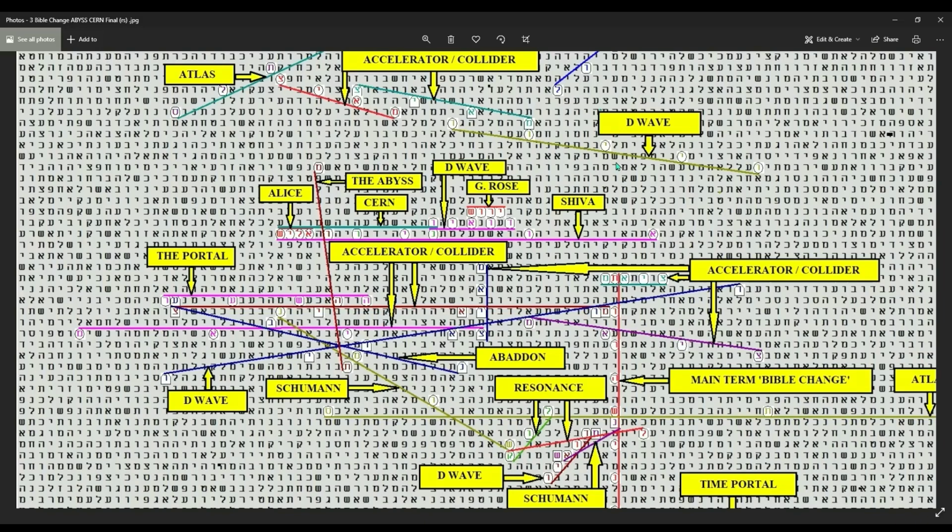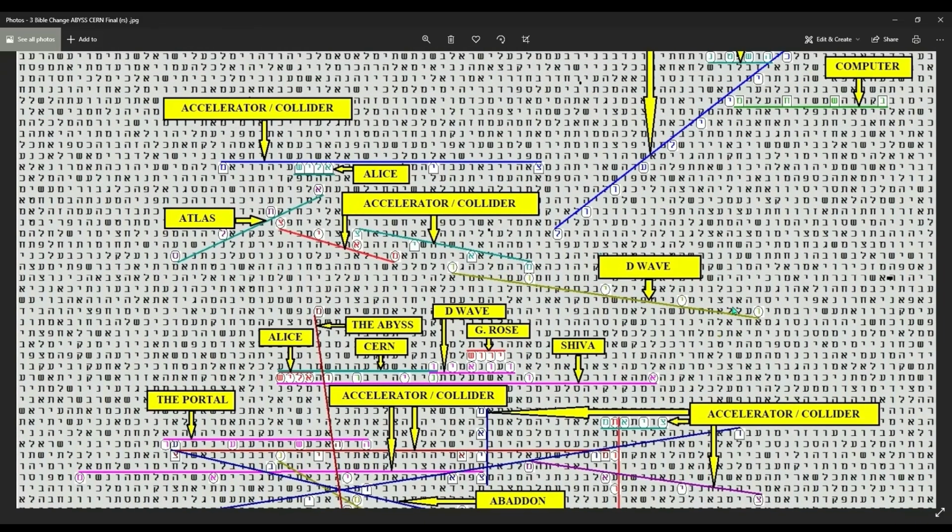We have a little bit further up, D-Wave again, accelerator collider, and then the name of Atlas right at the top of the collider there, which is another one of the main rings that they use at CERN itself. And also accelerator collider on the top. What more proof do you want, people, for this? It's incredible the amount of tight-knit clustering.